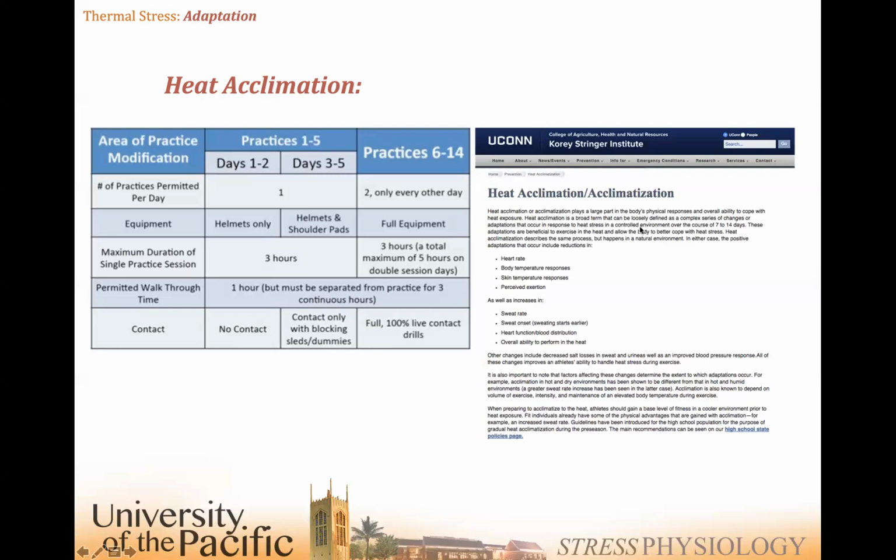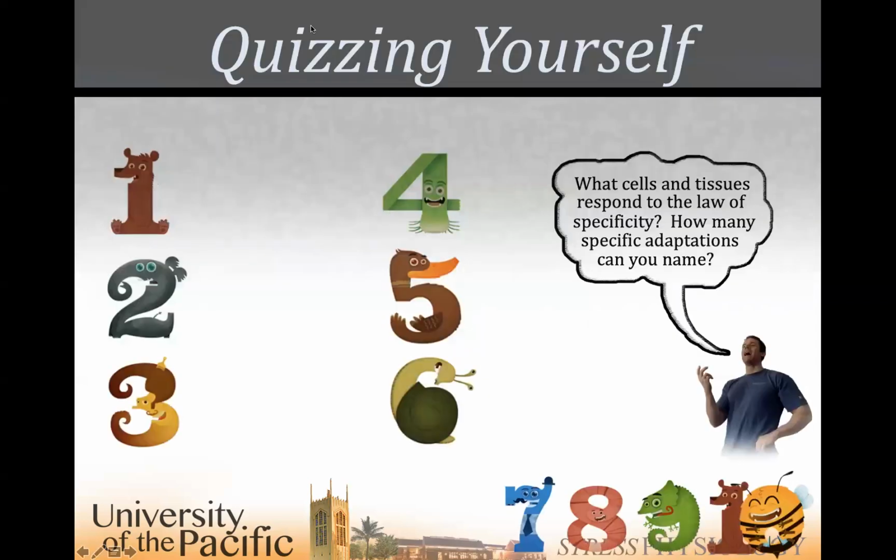That's the Korey Stringer Institute at UConn. Doug Casa runs that. It's a bunch of thermal load research, and all the research is essentially on heat strokes. So let's stop there.